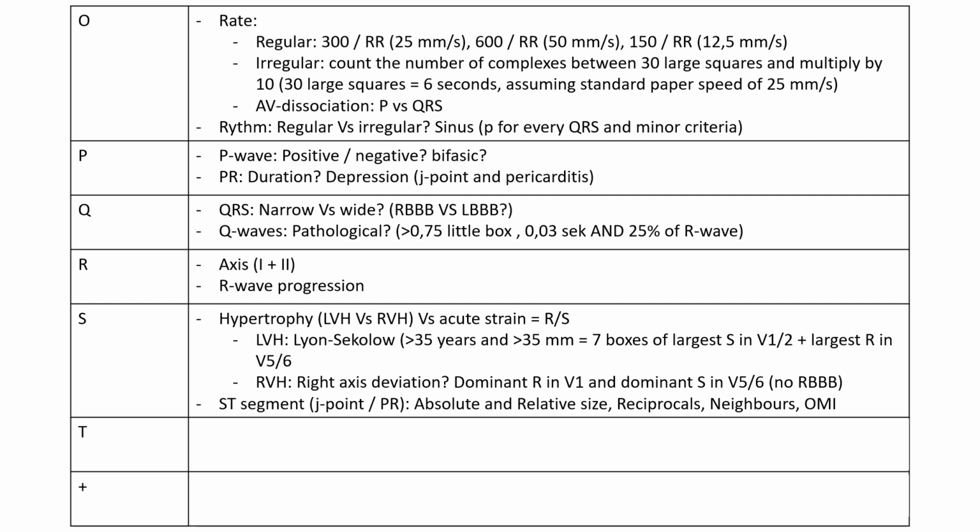And I think it's important to mention the difference between, as I understand it, hypertrophy, which is something that happens over time where the muscle grows big, and strain, which is something that usually happens subacutely or acutely, where the right ventricle or left ventricle is strained, but mainly the right ventricle.